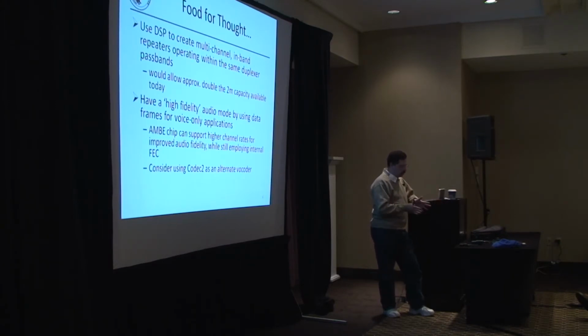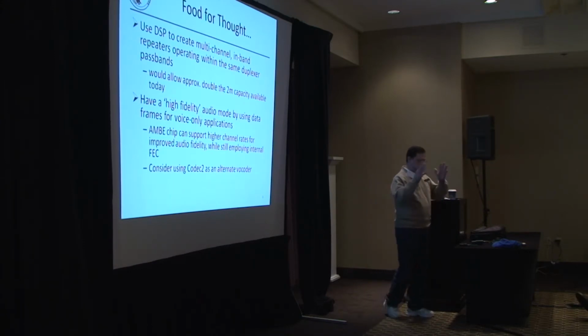You can fit 2 D-Star signals within the bandwidth of a conventional analog FM signal. If you do your repeater right with DSP, you could also pass D-Star on one side and something like narrowband FM on the other side, and share all the same amplifiers, the same antennas, the same duplexers.